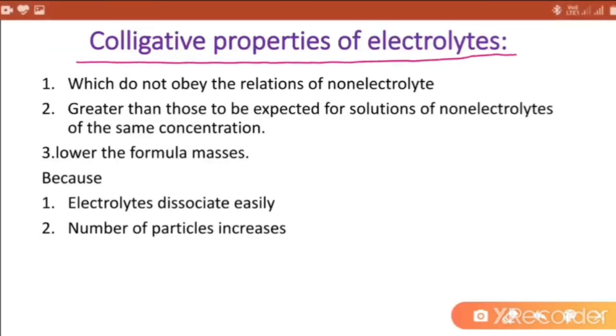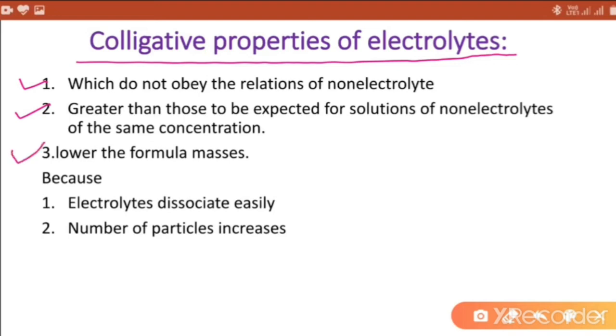Colligative properties of electrolytes. The experimental observations. First observation, they do not obey the relations of non-electrolytes. Second observation, the values are greater than those to be expected for solutions of non-electrolytes of the same concentration.